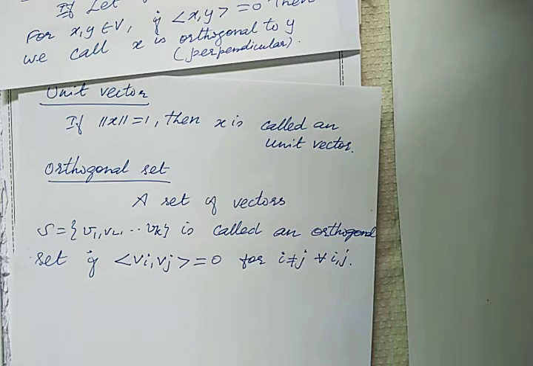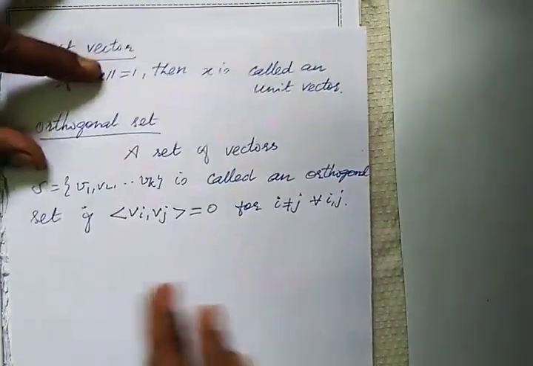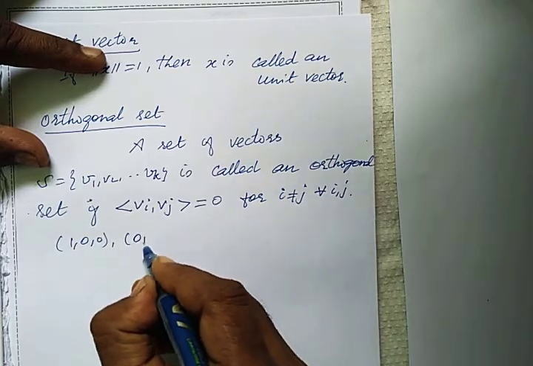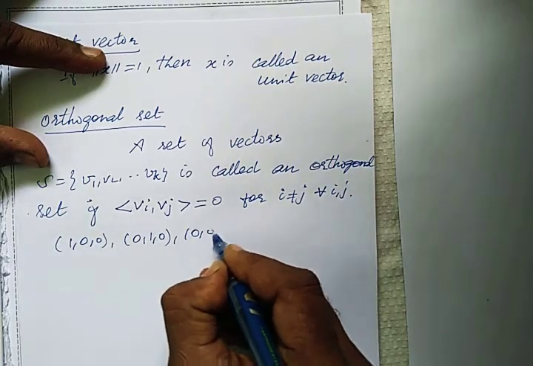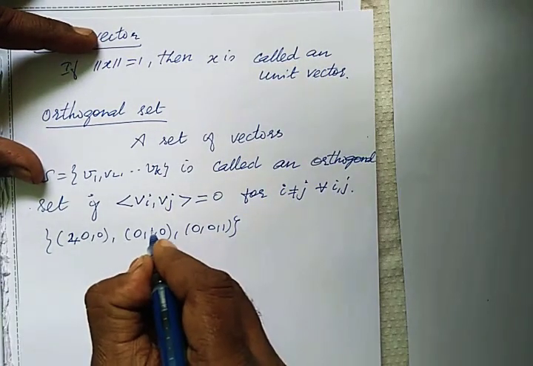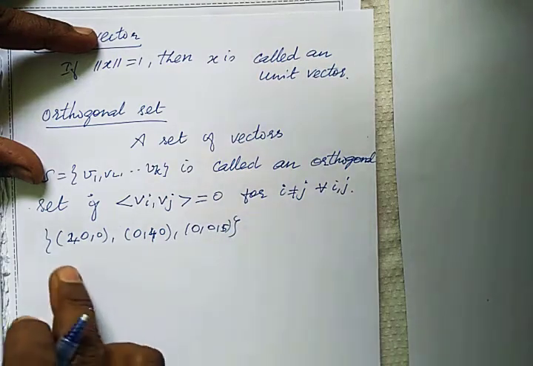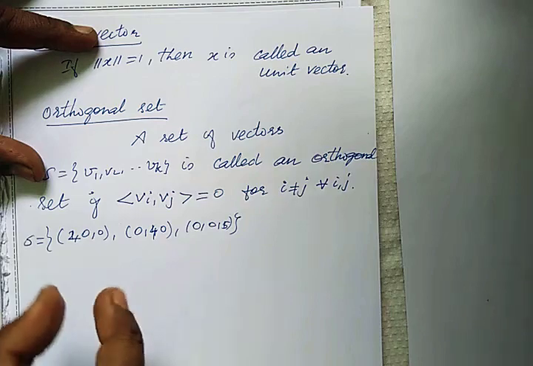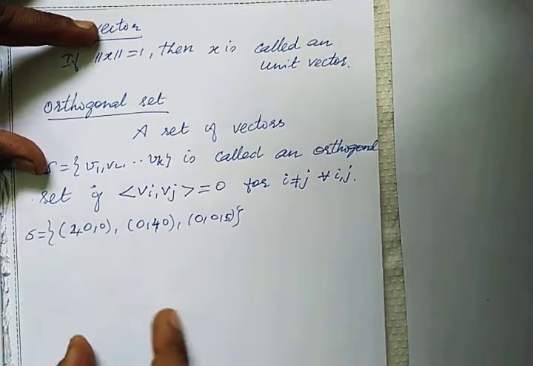For example, in R3, the x-axis, y-axis and z-axis, those three axes are perpendicular to each other, right? So if we consider 1 comma 0 comma 0, 0 comma 1 comma 0, and 0 comma 0 comma 1, or otherwise take 2, even 4, 5, this is an orthogonal set, because every vector is perpendicular to the other vectors.